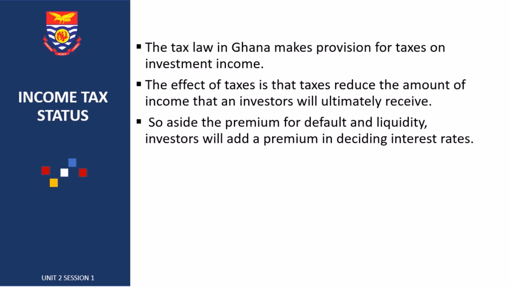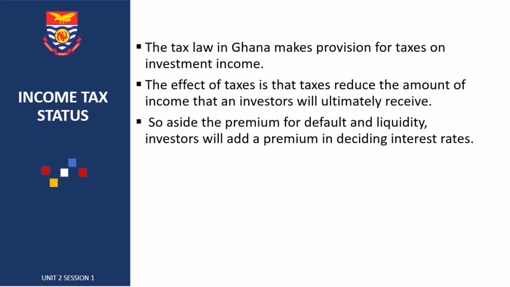So for an investor, before the investor will decide on the interest rates for a particular amount, or before he lends out a particular amount, you consider the credit risk, that is the inability of the borrower to pay either the principal figure or the interest on it, as well as any losses that may be incurred whenever the investor wants to convert that asset into cash or cash equivalents.